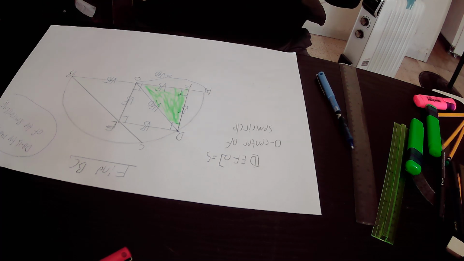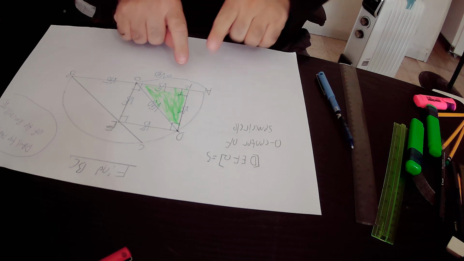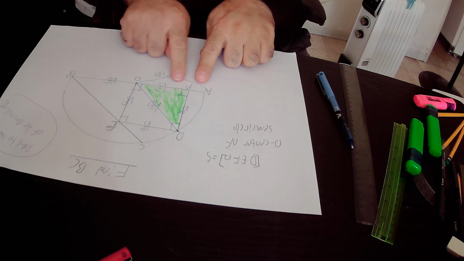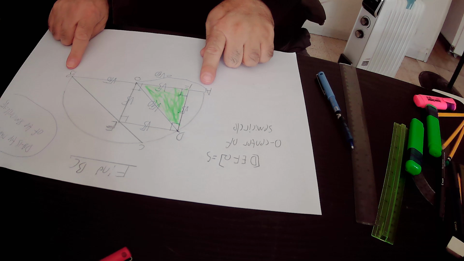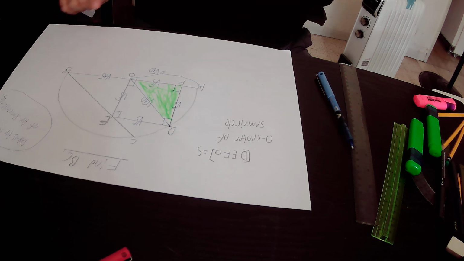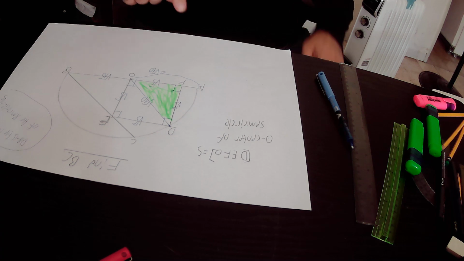In any semicircle, always, AB is the diameter of the semicircle. It is absolutely a straight line. So AB is a straight line.